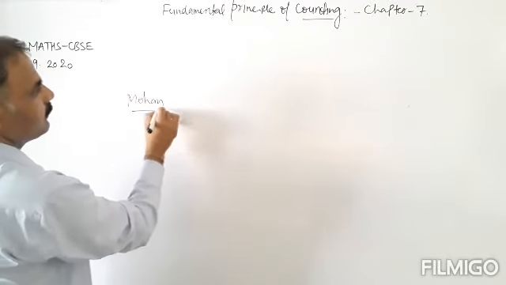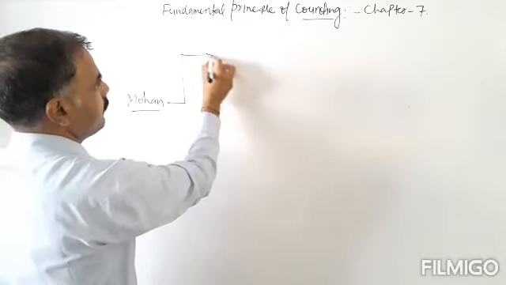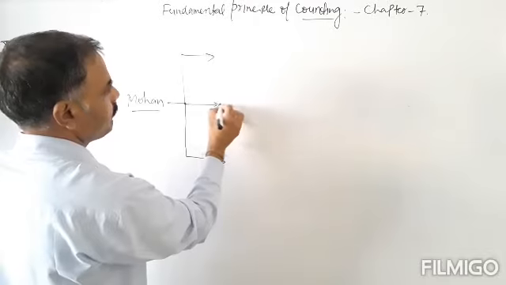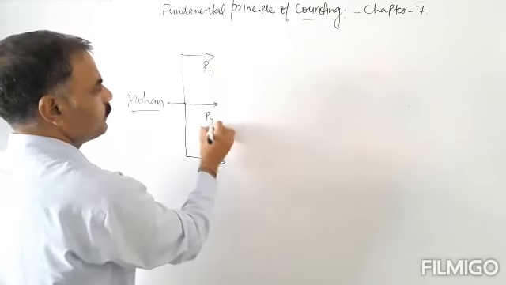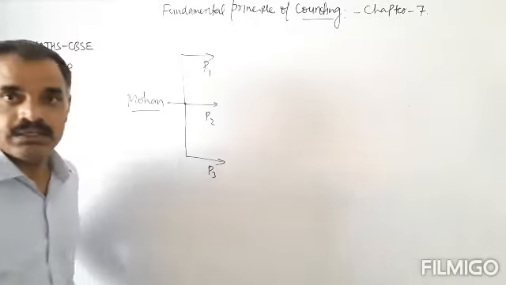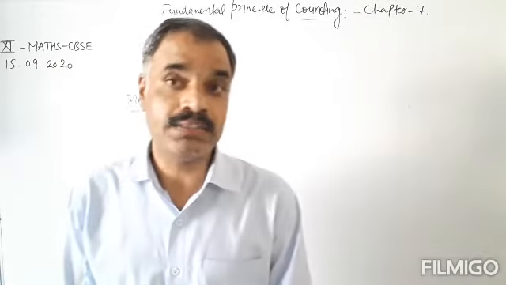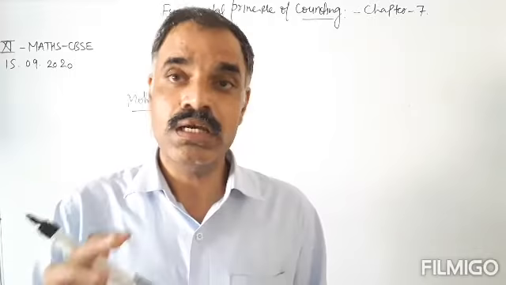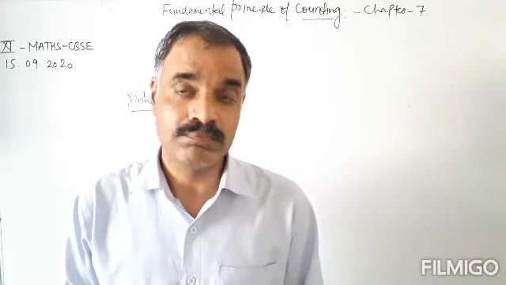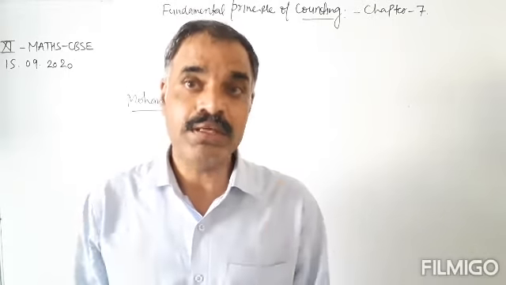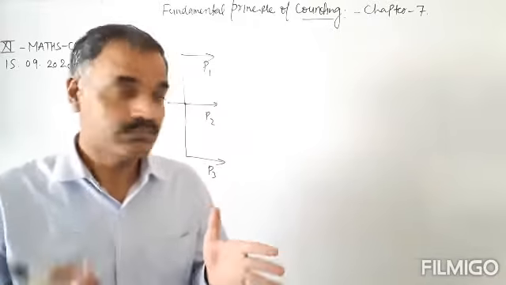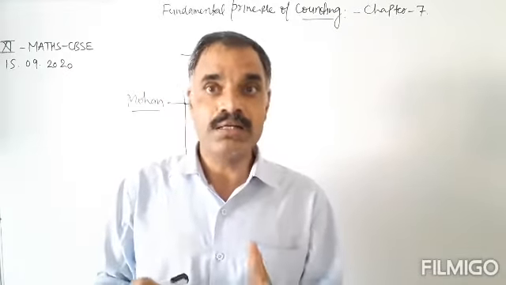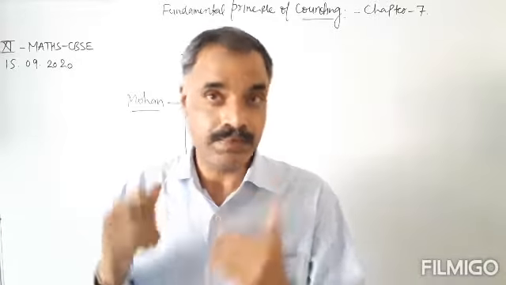Mohan has 3 pants. Pants are represented here with P1, P2 and P3. He also has 2 shirts, which means he has 2 choices of shirt with each pant.